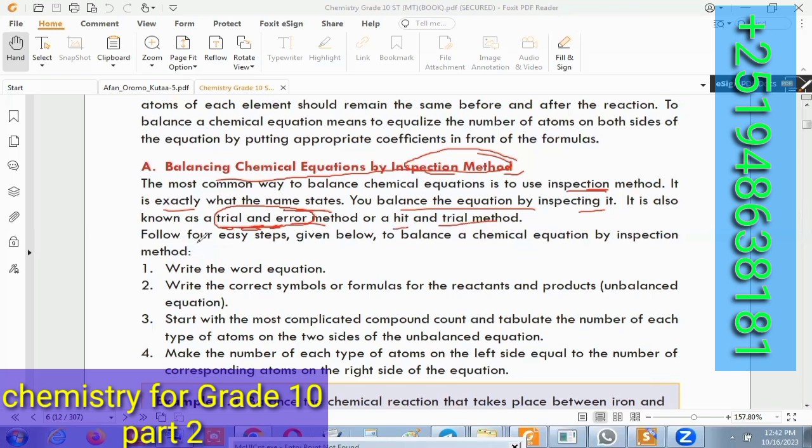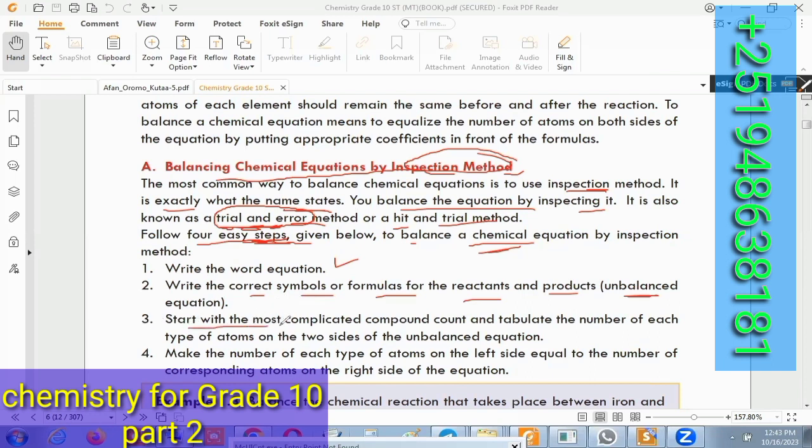Follow 4 easy steps. First, write a word equation, then write the correct symbols and formulas for both the reactants and the products. Then it is unbalanced.